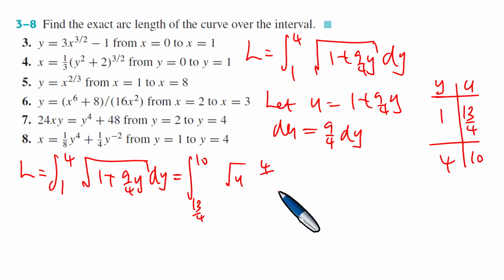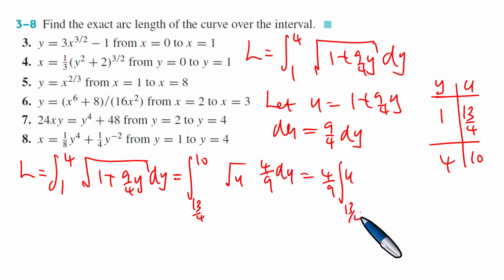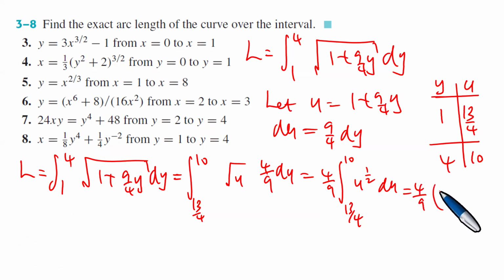Dy is exactly 4 out of 9 du. 4 out of 9, the integral from 13 quarters to 10, u to the 1/2 du. 4 out of 9 times 2 out of 3, u to the power 3 out of 2, from 13 out of 4 to 10.